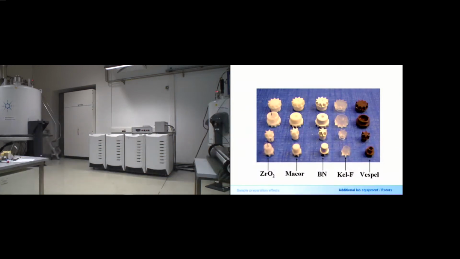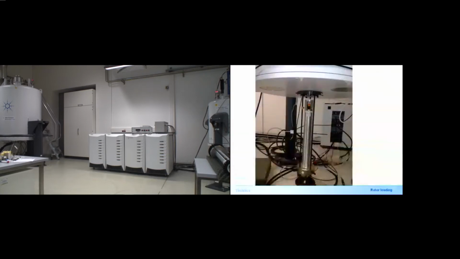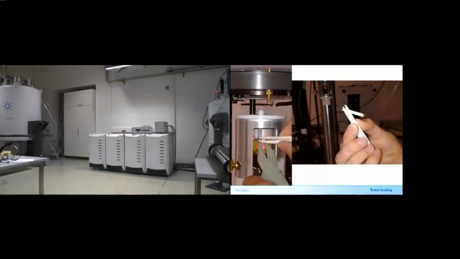So on the left is zirconium oxide, Macor, which is a kind of ceramic, boron nitride, and Kel-F and Vespel. And the probe head, which is located in our lab at the bottom of the magnet, is loaded by hand. This is probably my hand, I don't remember.